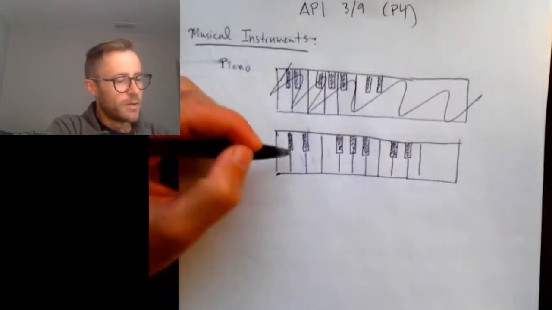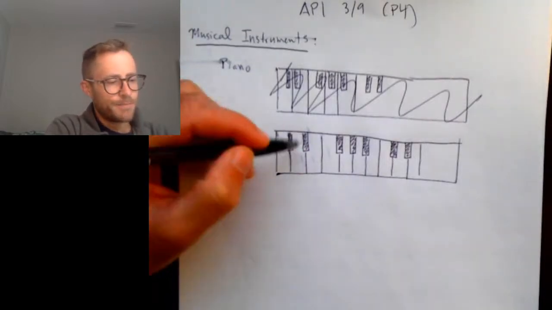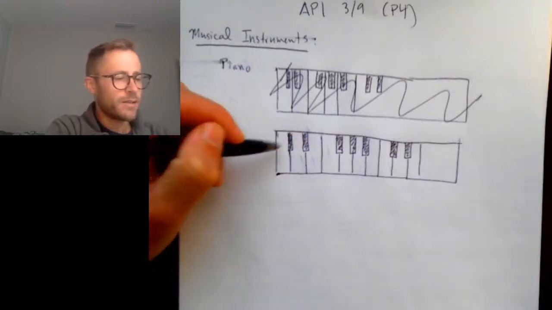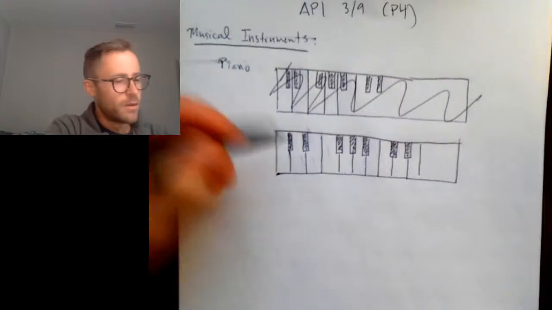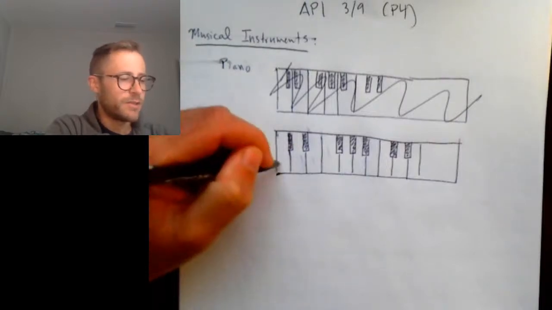If you look at the group of 2 black keys, the one that's just to the left of that is a C note.